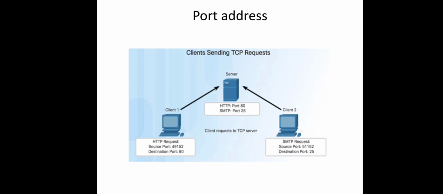For example, suppose we are searching for something on the internet using a browser, and the result should come back to the appropriate browser itself. So the communication is between two different processes, not between two machines. There should be some mechanism to identify each and every process in a machine, and for that we use the port address.